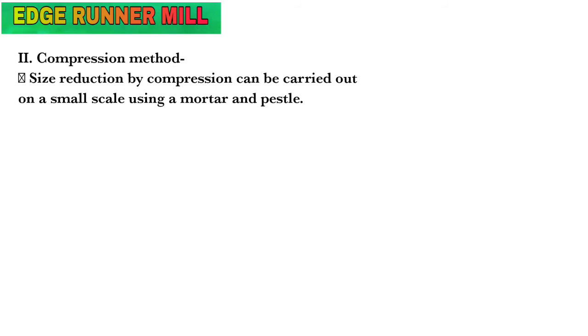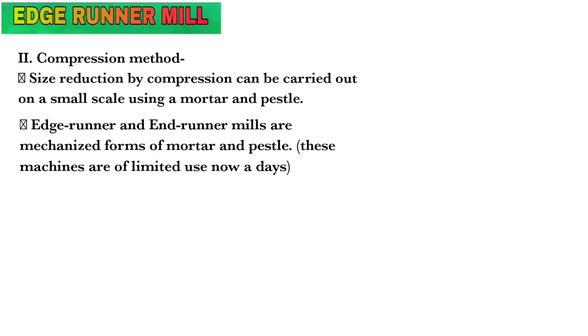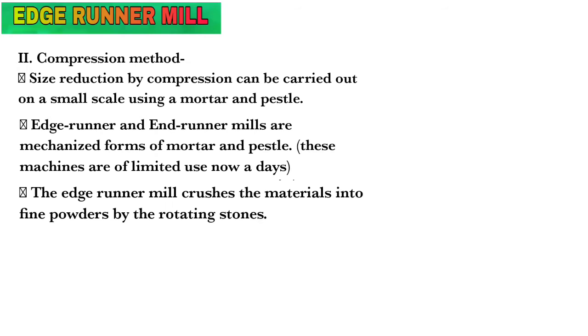Next one is the compression method. The size reduction by compression can be carried out on a small scale using a mortar and pestle. Edge runner mill and end runner mill are the mechanized forms of mortar and pestle. These machines are of limited use nowadays. The edge runner mill crushes the materials into fine powders by rotating stones.